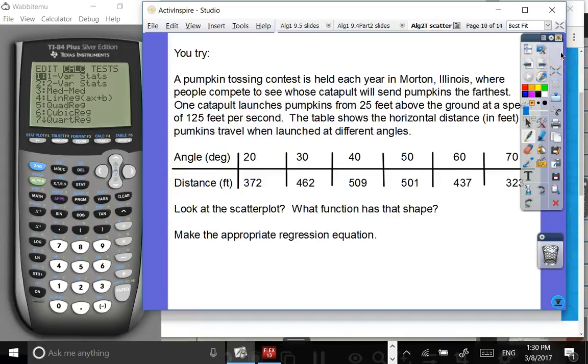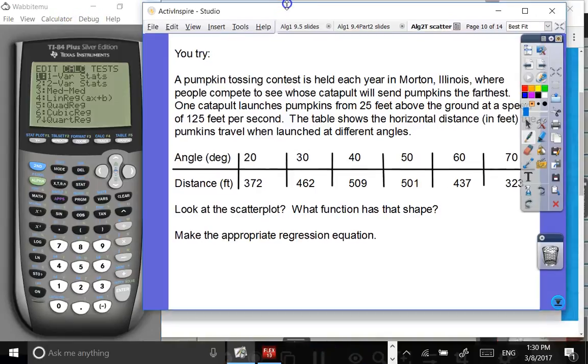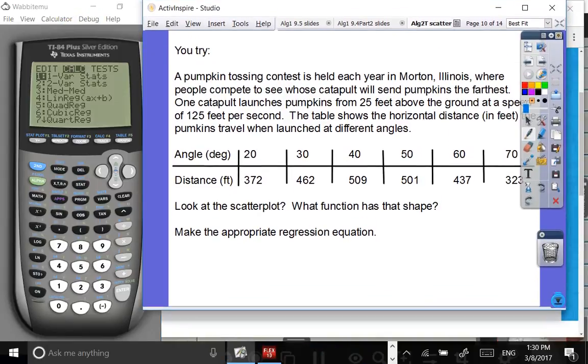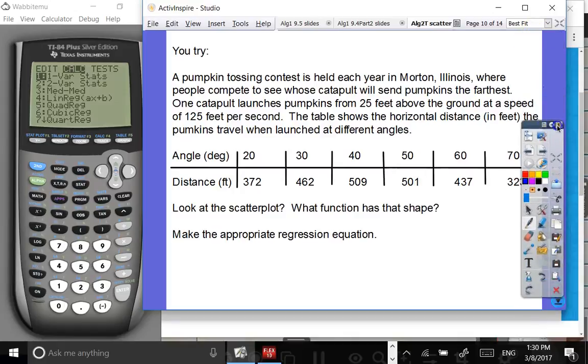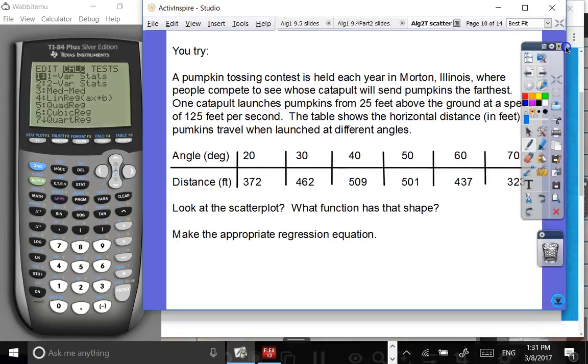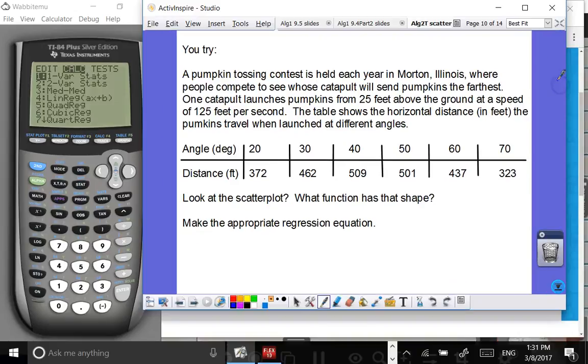So let's try this one. And this one, we don't have to make a prediction. We just have to make the regression equation. There we go. I've got to get used to that.